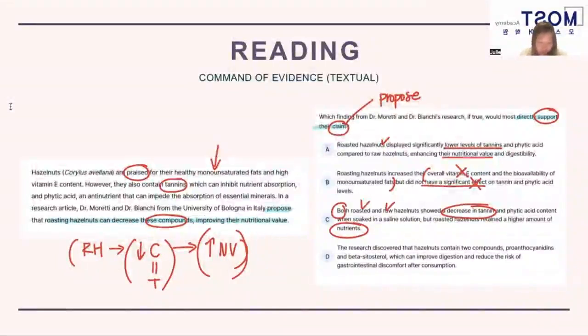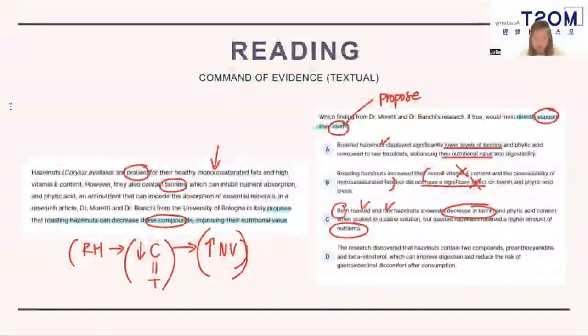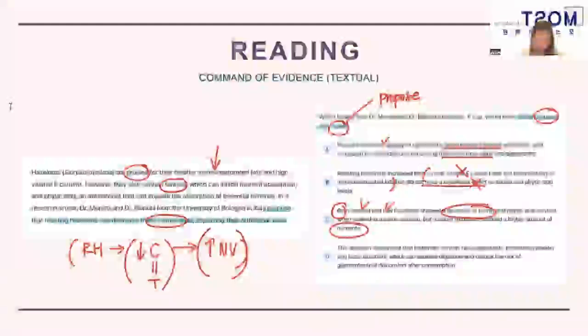And here they don't really mention anything about raw. So you're bringing in a component that is not mentioned in the text. So perhaps if A wasn't there as an answer choice, maybe C could have been a good one. But ultimately, because there is no mention of roasted and A is ultimately the better answer choice, this would be wrong, because we don't really want to make an assumption that is beyond the scope of the text.